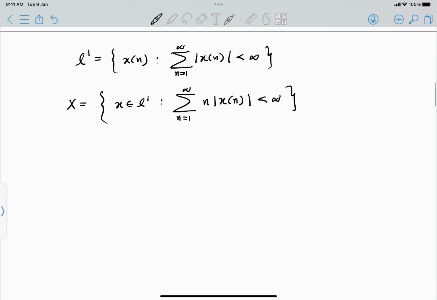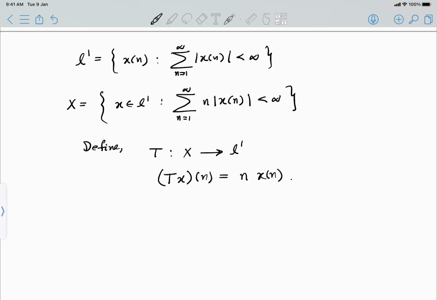Then we are defining a linear operator from X to L1, which is given by T of x at the point n is given by n times xn.